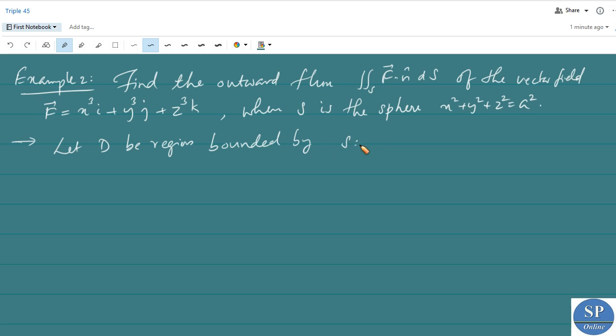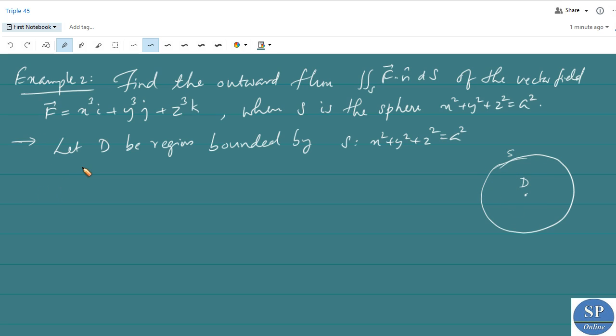So D is a solid ball, a solid region with center at origin and radius a. So this is S, and D is the region bounded by this S.